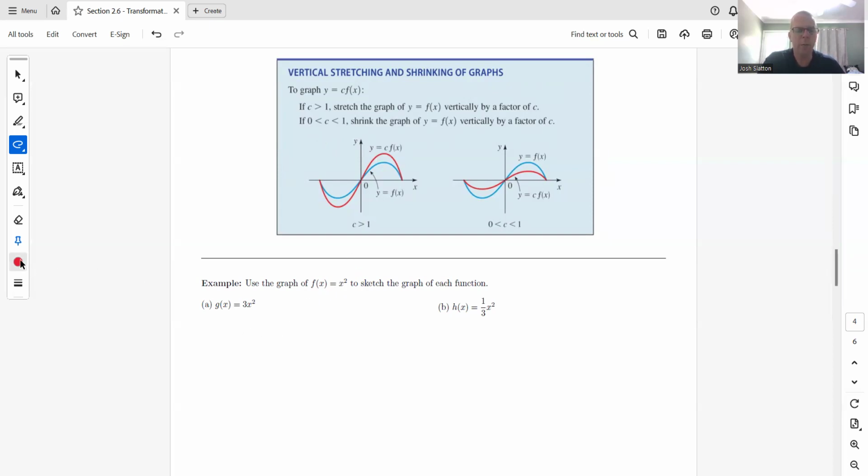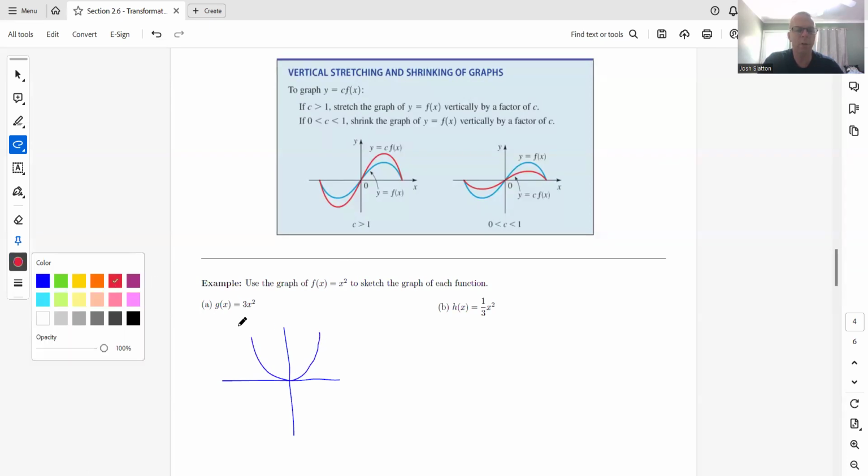So if we have y equals 3x squared, we have x squared like this, and then the 3 is going to stretch it vertically, and it'll look like this. And so instead of 1, 1, if it's y equals x squared, we'd have 1, 3. If it's 3x squared, instead of 2, 4, we'd have 2, 12.